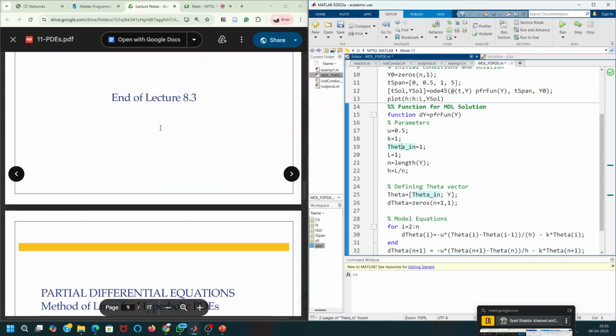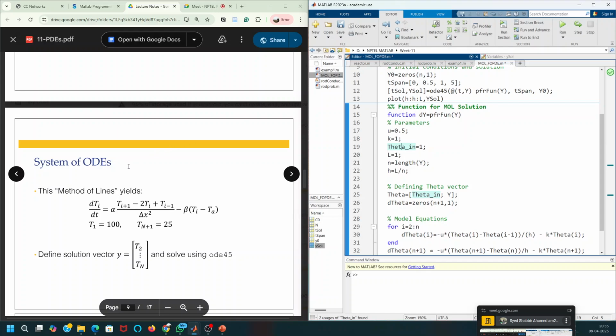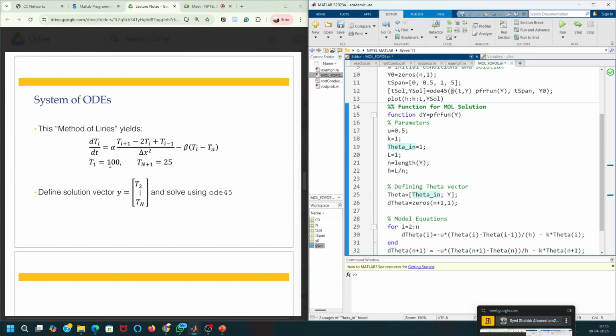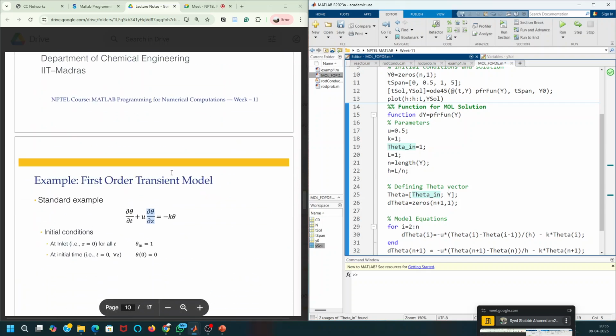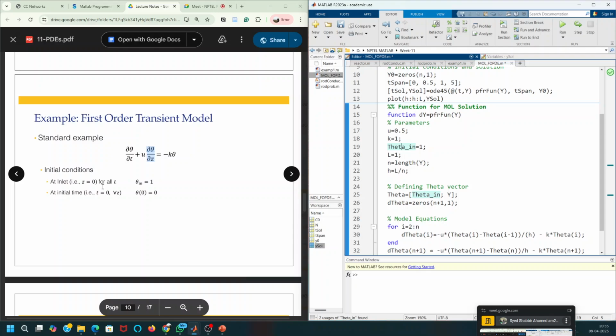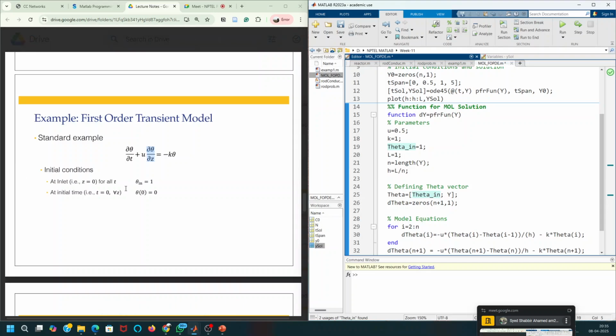Here we have the boundary values. We have two boundary values because this is a second order differential equation, right? We should have two boundary values, but here we will have only one boundary condition, which is at z is equals to 0. At z is equals to 1, we don't have.